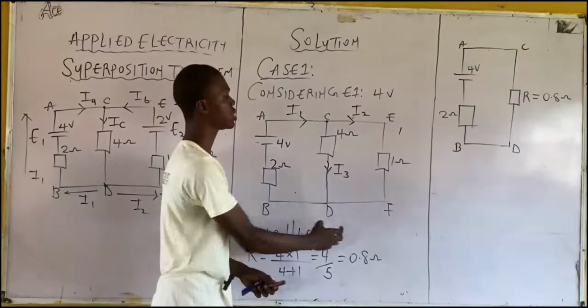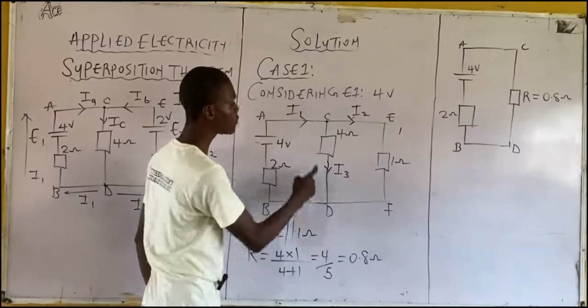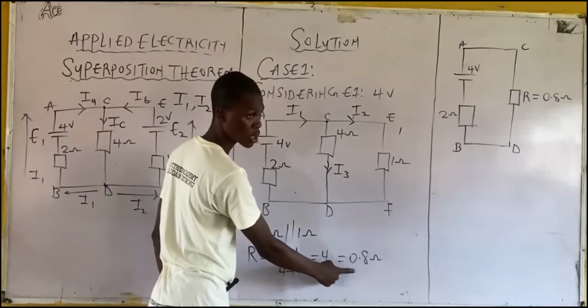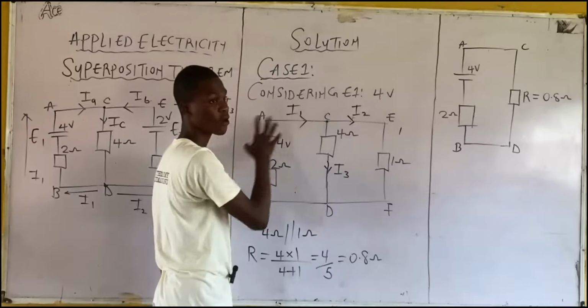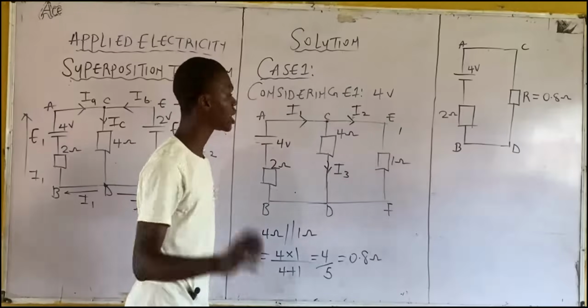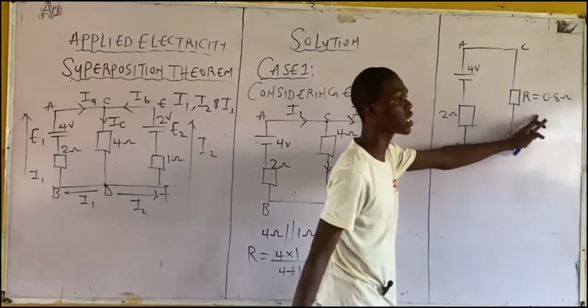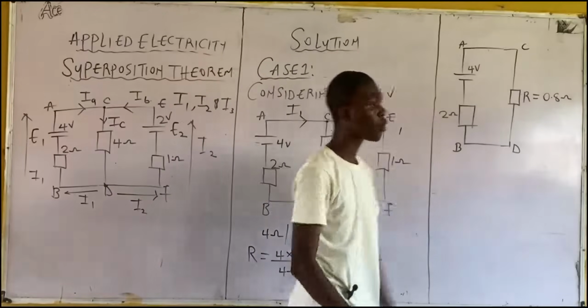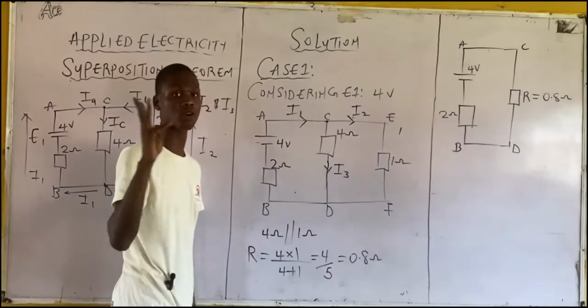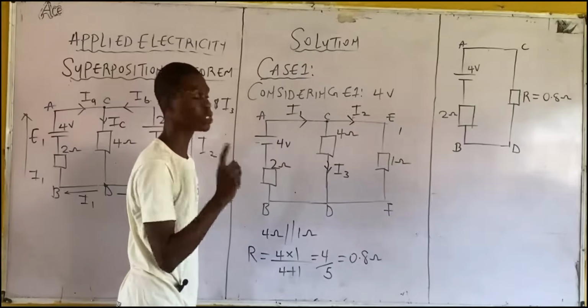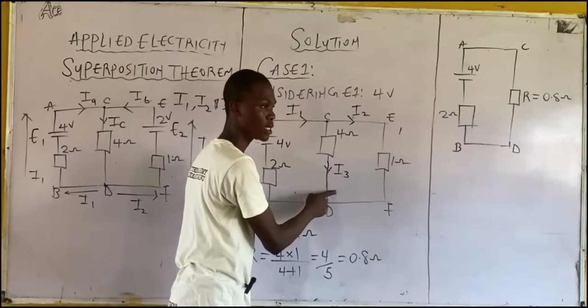You know, we reduced this circuit. We've solved this and this in parallel. We got this. We are still repeating everything that is here, but the only difference is that since we already know the equivalent value of this, that's why I'm representing it as 0.8 ohms. But from here, we have 3 values of current. We indicated 3 values of current here, which are I1, I2, and I3.